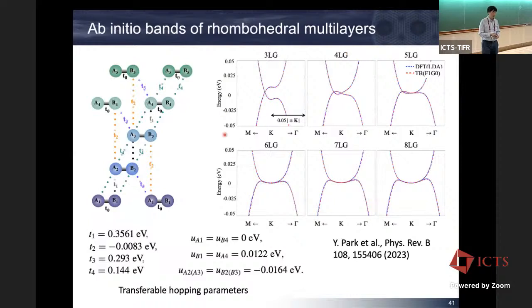For this purpose, we have carried out some modeling of the band structure of rhombohedral multilayers. These are the tight binding parameters that we propose, based on the local density approximation. And these are transferable parameters. By transferable, we mean that they can be applied to 3, 4, 5 layer systems without changing anything else.